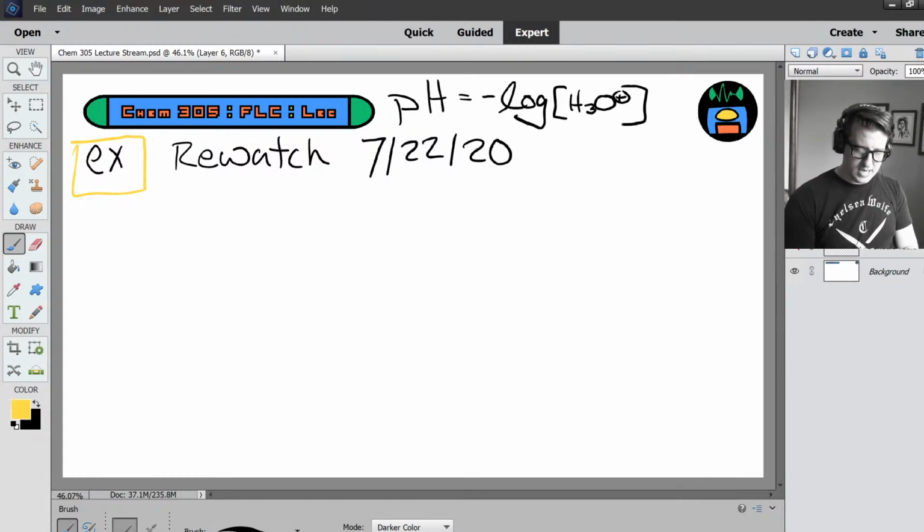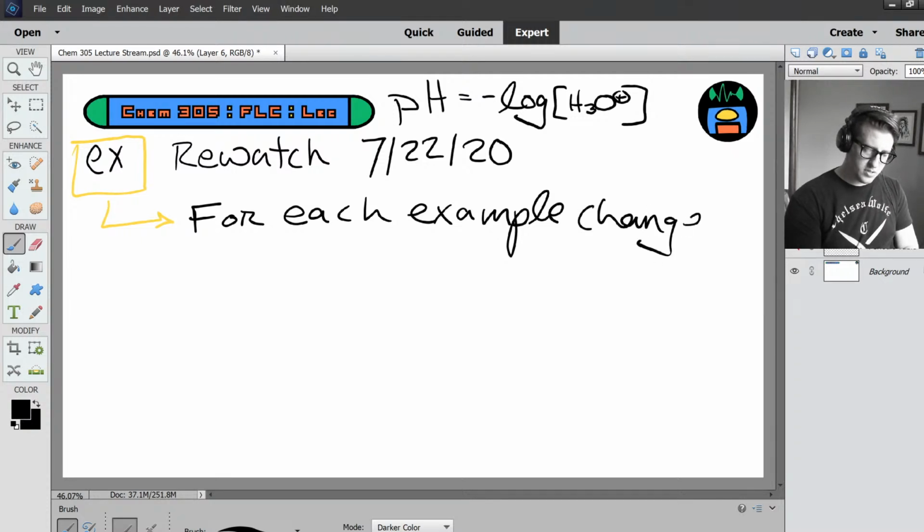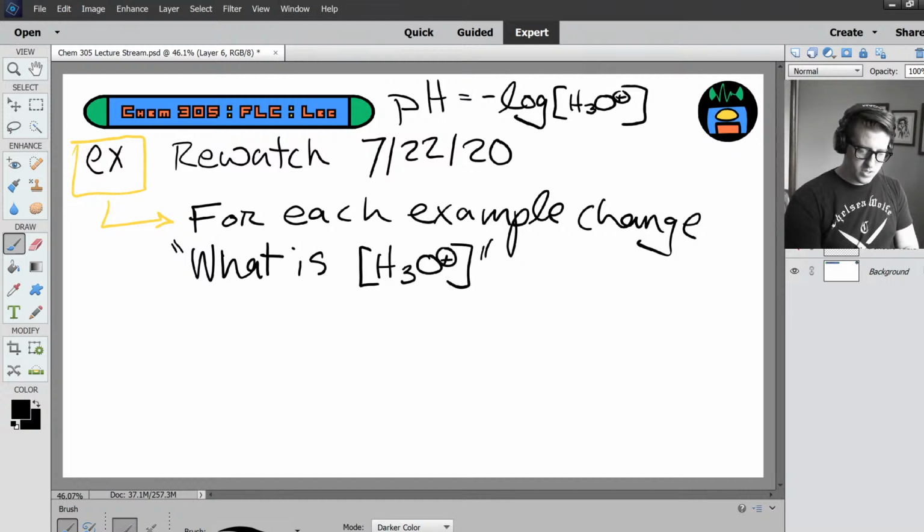In the example problems, for each example, you can change the wording from what is the molarity of hydronium to what is the pH.